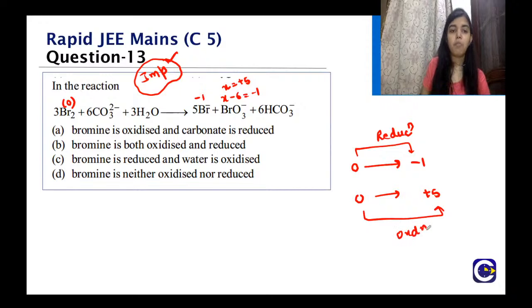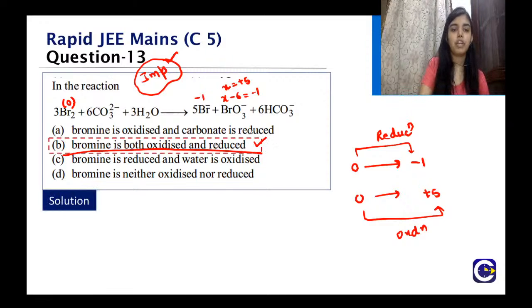That means bromine is both oxidized and reduced. So the answer for this particular question is B. I hope you are able to get all the questions. For some part of the P block and S block, you have to mug up the reactions, but for some part you can apply the oxidation reduction tricks also.